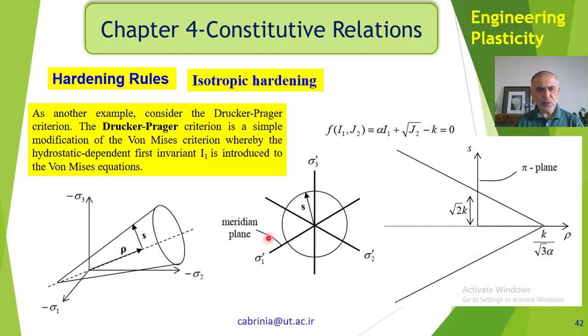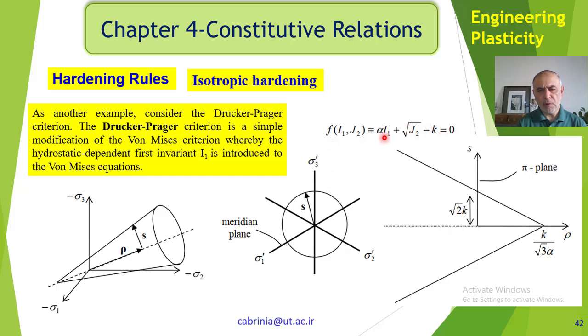Now I just want to show you the Drucker-Prager criterion. The Drucker-Prager criterion is very similar to the Coulomb-Mohr criteria. It is used for stress-sensitive materials. As you can see, the shape is very similar to Coulomb-Mohr, and that's the relationship.